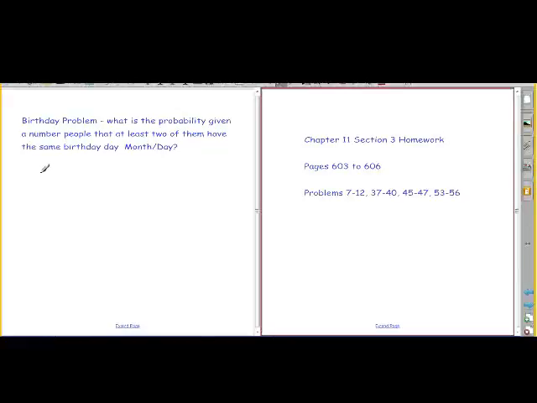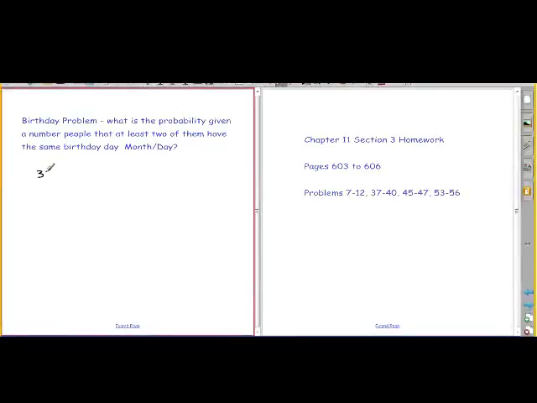Well, then that's a different problem. Let's not worry about leap years. Don't make it more complicated. So the probability that you don't have the same birthday as me is, well, there are 364 days remaining in the year. So the probability of the next person I choose not having the same birthday is 364 over 365.